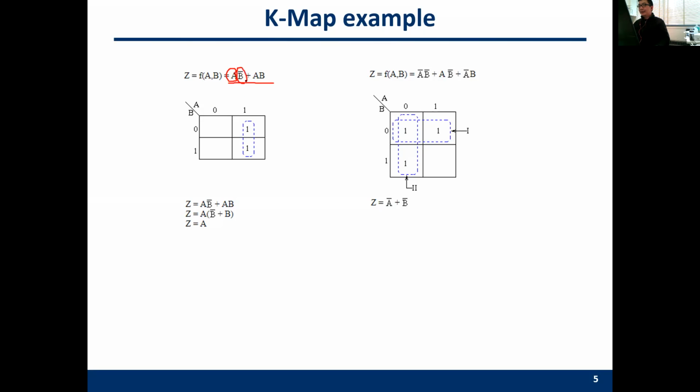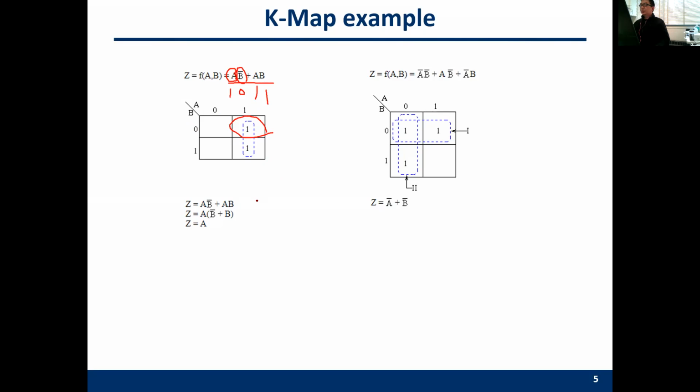We have a B bar here, so this minterm corresponds to when B is 0. So this is A is 1, B is 0, so we will go to this box, because for this box, A is 1, B is 0. And this term is related to A is 1, B is 1, which is this bottom box. And then we have this K-map.